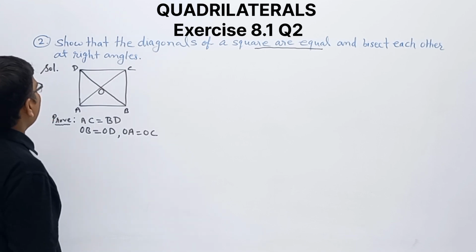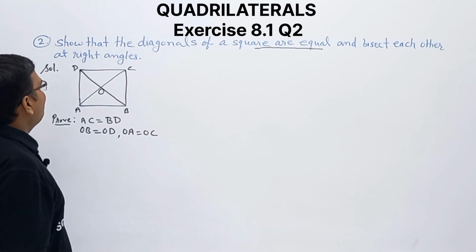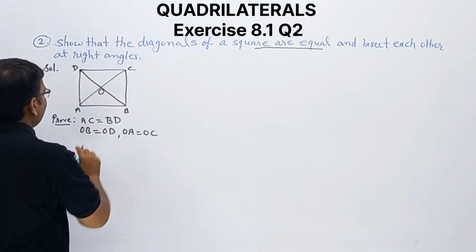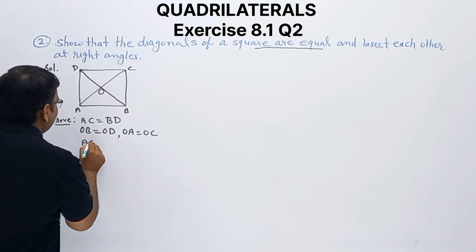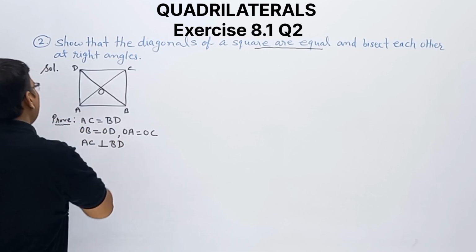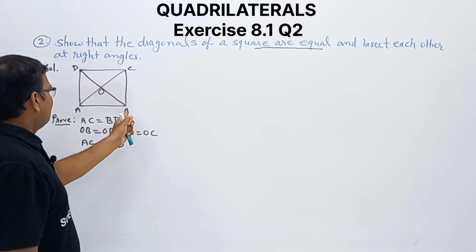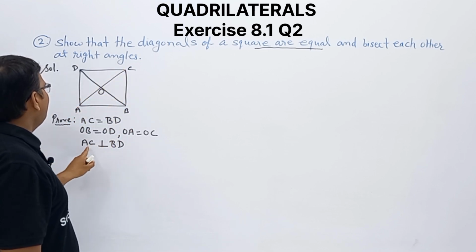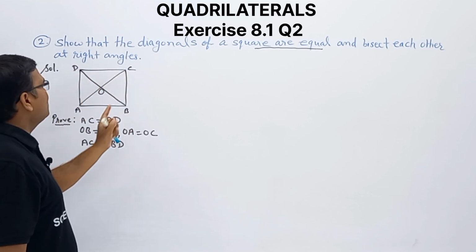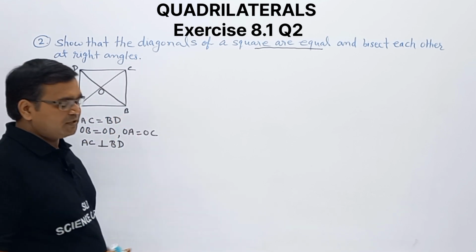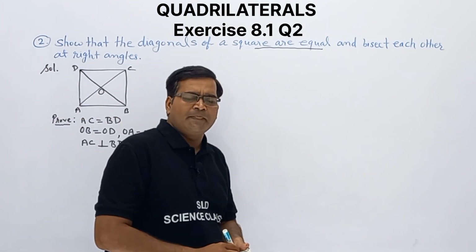Bisect each other at right angle. And another thing we want to prove: these diagonals are at right angle, which means AC is perpendicular to BD. These things we want to prove in this question. Simple question.